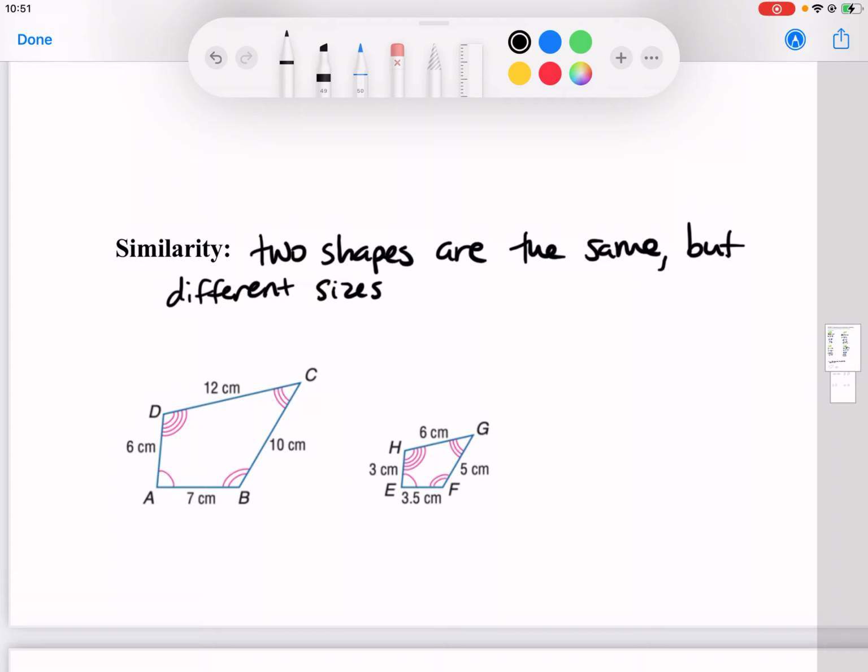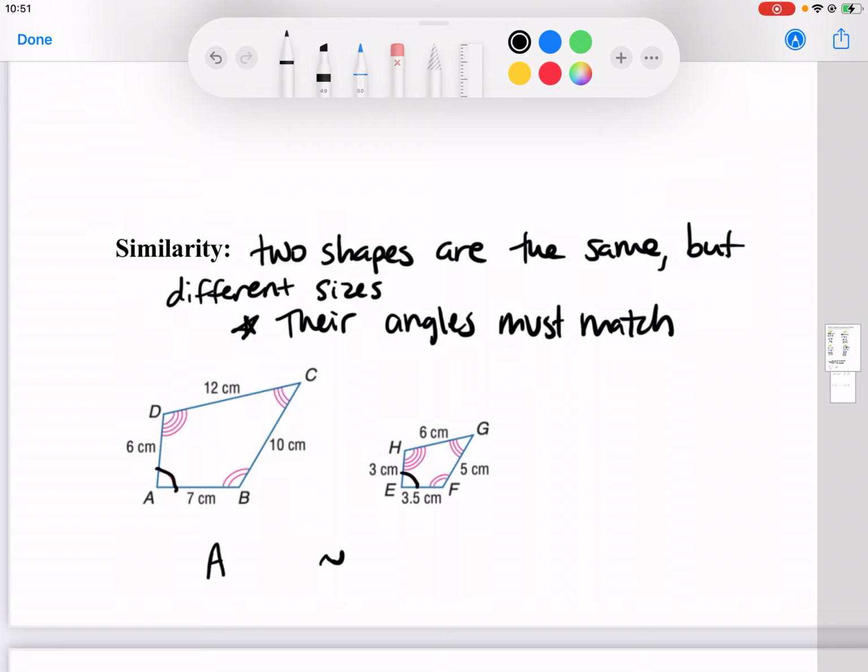Now, for them to be the same shape, just a note, they have to have matching angles. So all angles must match. You'll notice in this picture, these two shapes are similar because angle A matches with angle E. When you write a similarity statement, you use this little squiggle right here.